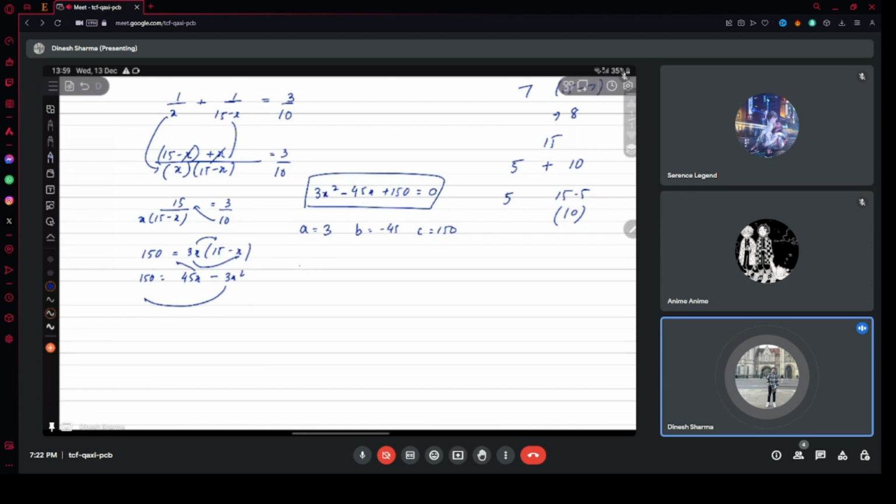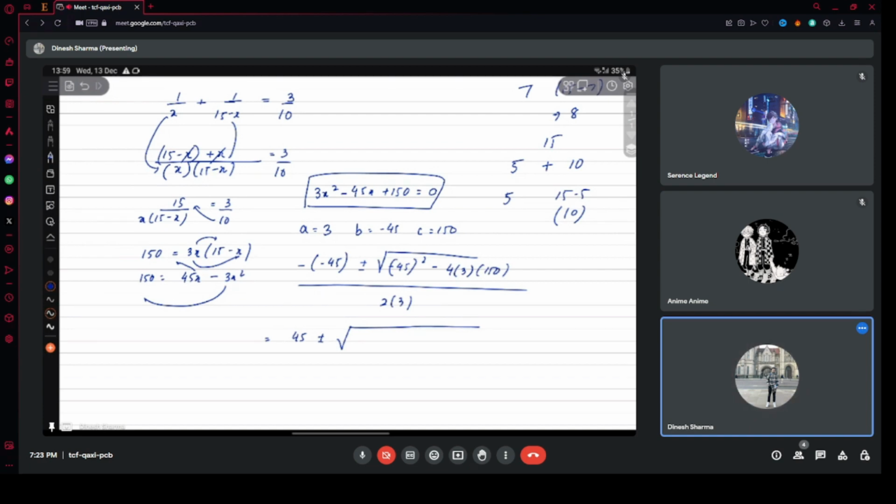So you can use the formula: minus B plus or minus the square root of B squared minus 4AC, divided by 2A. Minus of minus 45 is 45, plus or minus the square root of minus 45 squared minus 4 into A into C. If you don't know what 45 squared is, you can just multiply 45 into 45, but 45 squared is a value that I think is important for you to know.